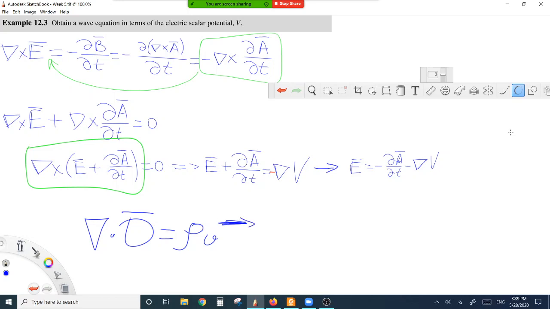From here, we know that D is equal to epsilon multiplied by electric field.